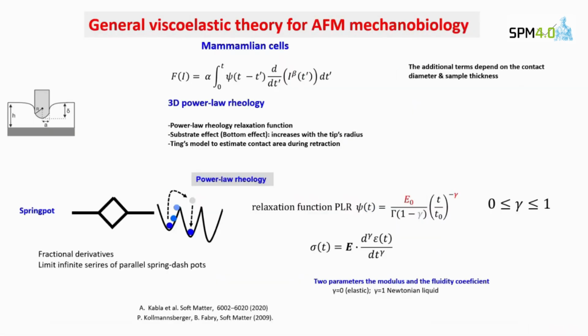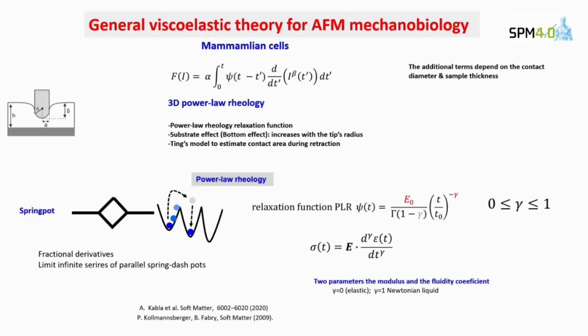Which model works? Well, the model that works is what is called 3D power law rheology. And this model has two components. One is the relaxation function of power law rheology, and the other is the geometry of the tip. When you combine a relaxation function with the geometry of the interaction, you get the viscoelastic model for the AFM.